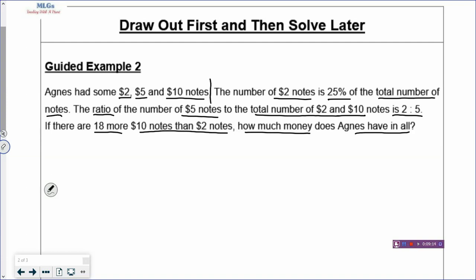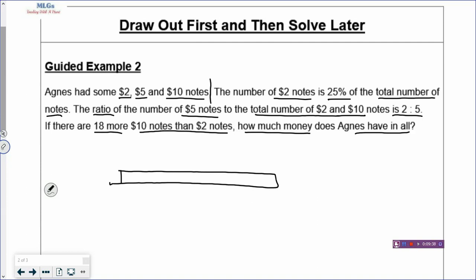Well, again, I will draw a parts-whole model. Why? We draw a comparison model when we're comparing two or more kinds of things. But in this problem, it's not really much of a comparison. You have 3 kinds of notes, so you can put them all into a parts-whole model.